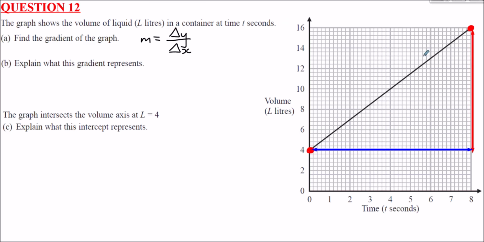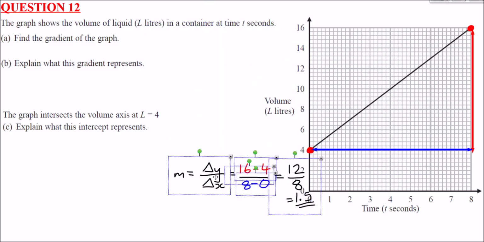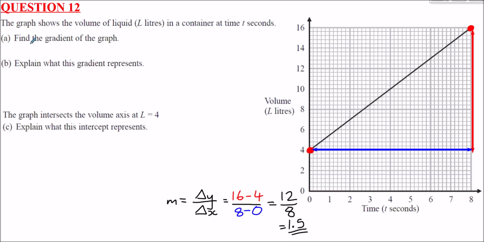So thinking about y first, it ends up at 16, used to be at 4. And x ends up at 8, used to be 0. So the change in y, it's gone 12 litres up, and it's gone 8 seconds across. So 12 over 8 is 1.5. In fact, I'll just put this down here actually. You'll see why in just a moment. So the gradient of the graph is that.